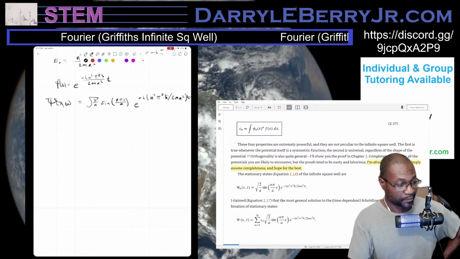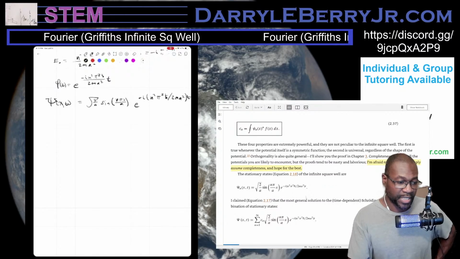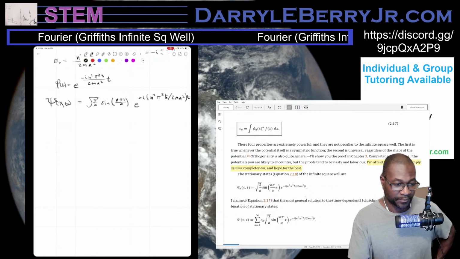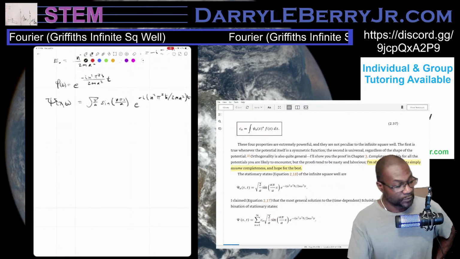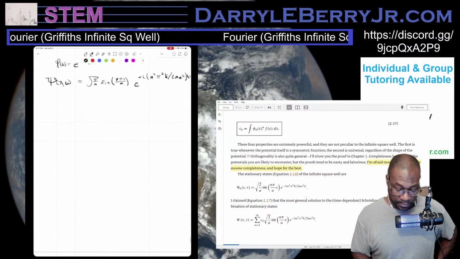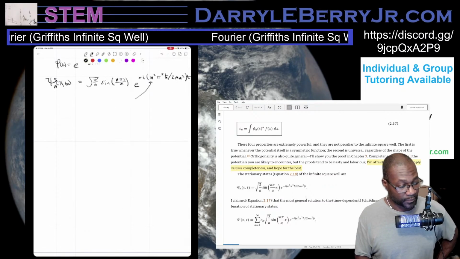make the full psi. I claim in equation 2.17 that the most general solution to the time-dependent Schrödinger equation is a linear combination of stationary states. So this is basically one of them with an n.